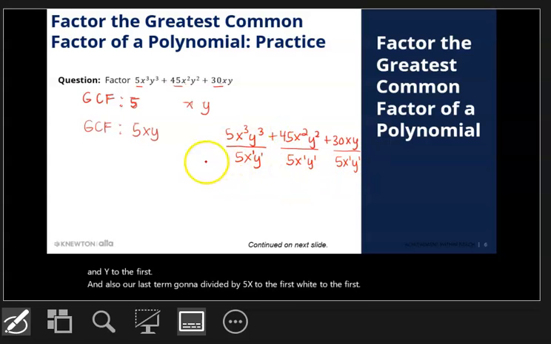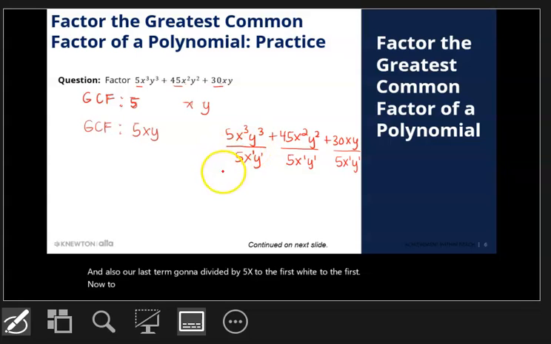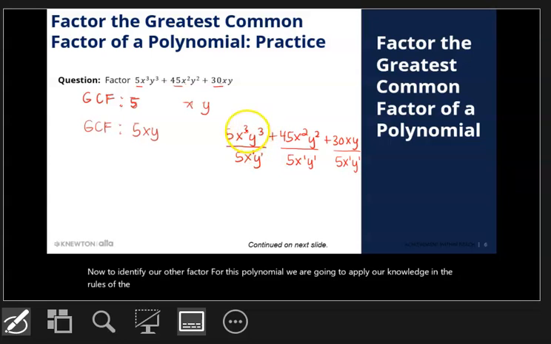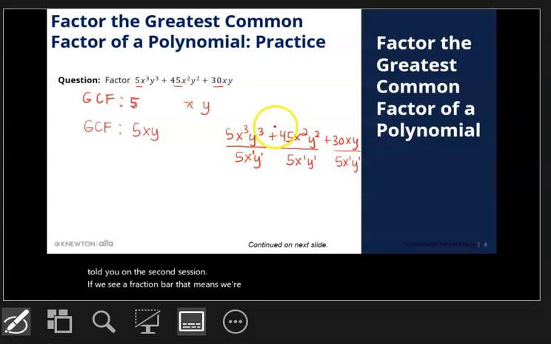Now to identify the other factor for this polynomial, we are going to apply our knowledge of the rules of exponents. As you can see here, we have the fraction bar. If you remember, I told you in the second session, if we see a fraction bar, that means we're going to subtract our exponents.